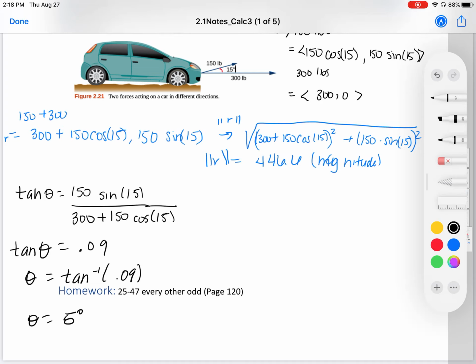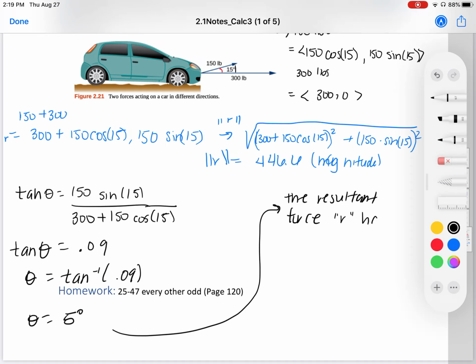This means that the resultant force, R, has an angle of 5 degrees above the horizontal. Let me write this down.